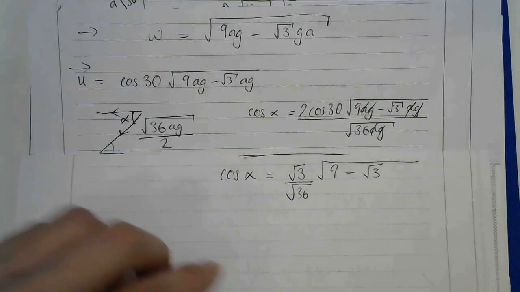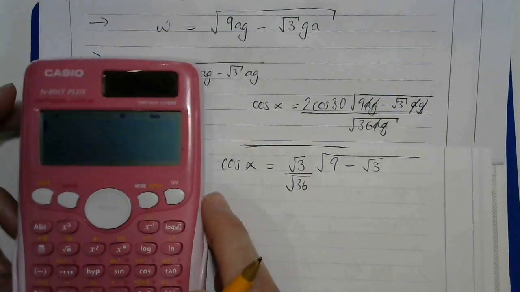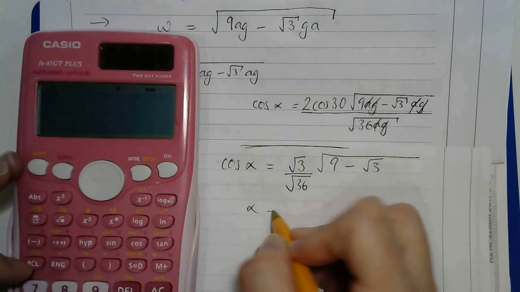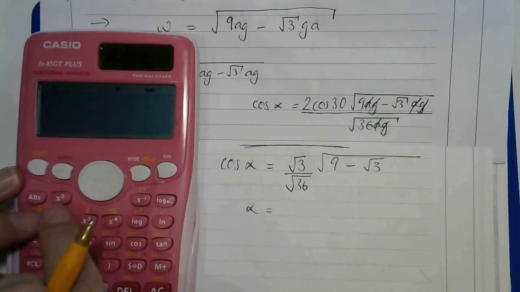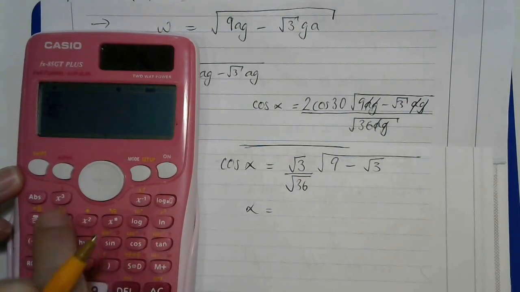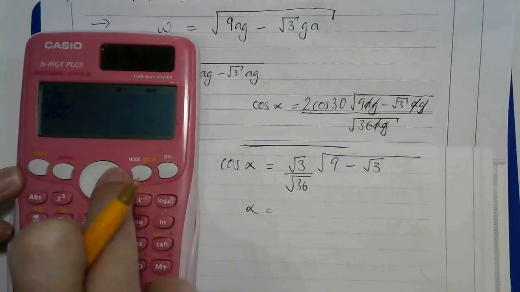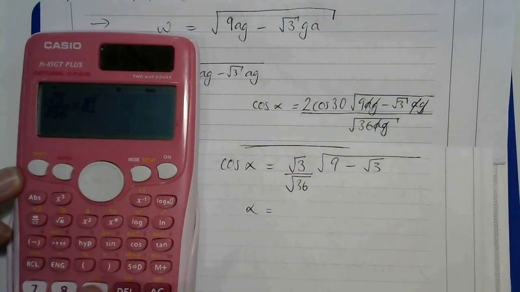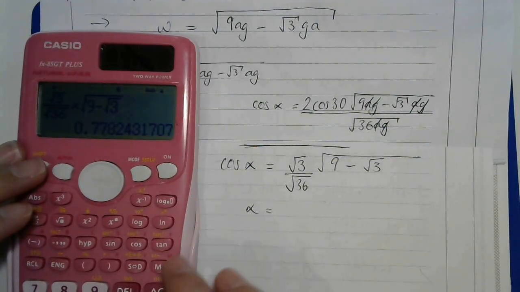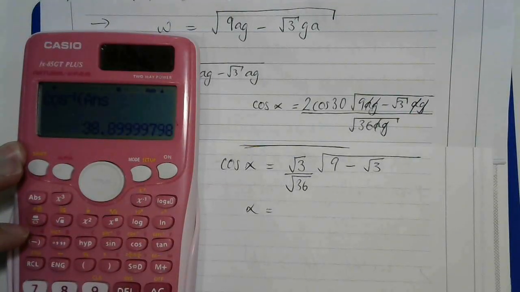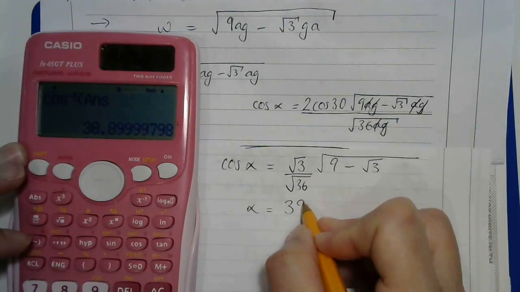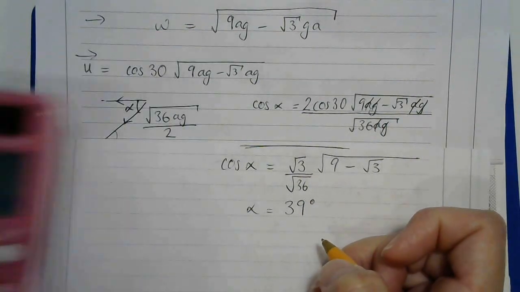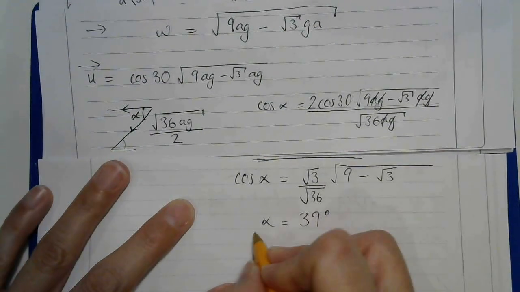And that will simplify, but I'm just going to stick the whole thing in my calculator. So I have that alpha is inverse cos of this thing. So I've got root 3 divided by root 36 multiplied by root 9 minus root 3, and then doing inverse cosine of that angle, I get 38.89999, so I'll round that off to 39 degrees to the nearest degree.